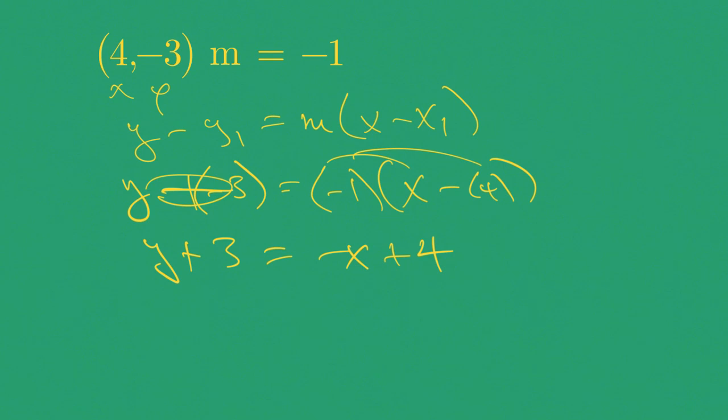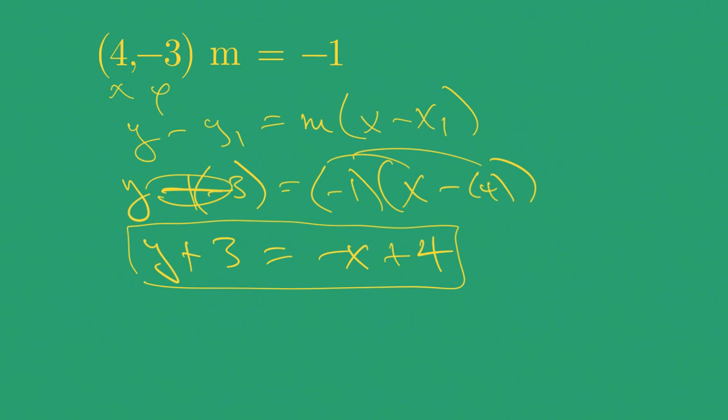There's what it looks like after we distribute and have a little cleanup on signs. And again, this equation right here, guys, is a legitimate equation of a line in point-slope form that goes through the point 4, -3, and has a slope of -1.